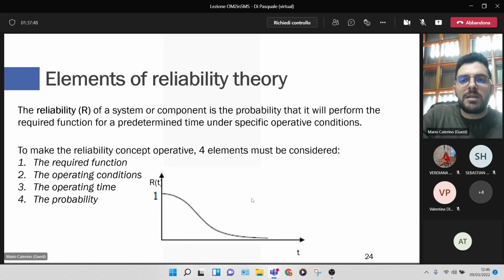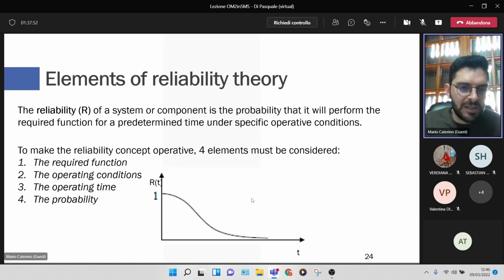Obviously, the probability element that is the last one to consider when we talk about reliability is one of the most important, because we know that a failure will occur on a system.